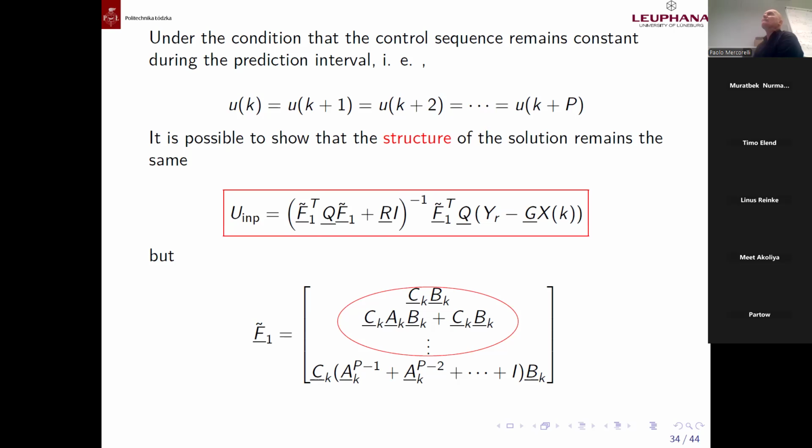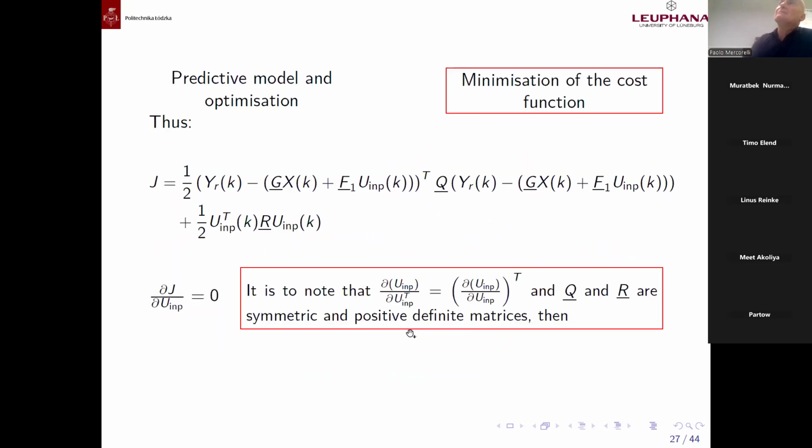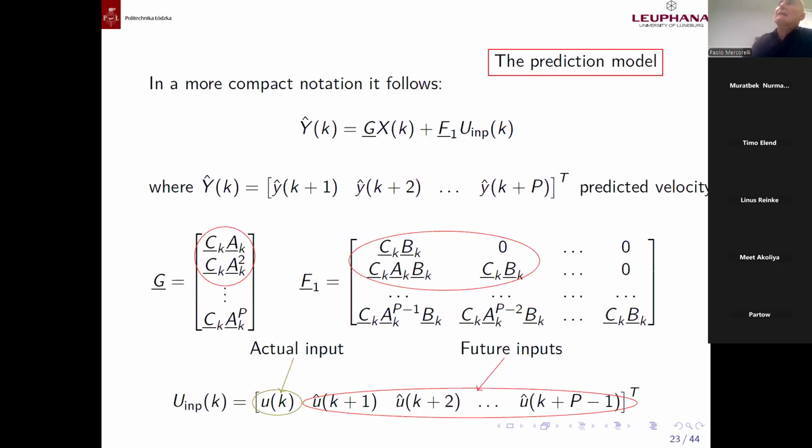Remember, F1 was a little bit more complex, but it's easy to see because if U is everything the same, we have just one input. Which one? UK, which is equal in all steps.